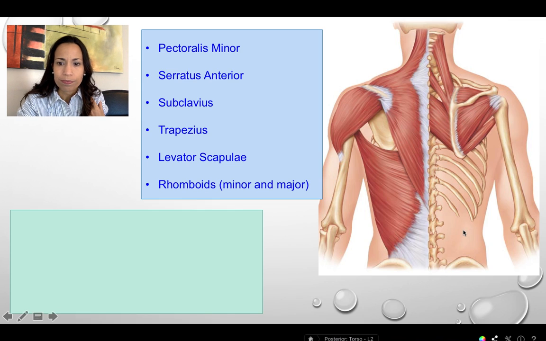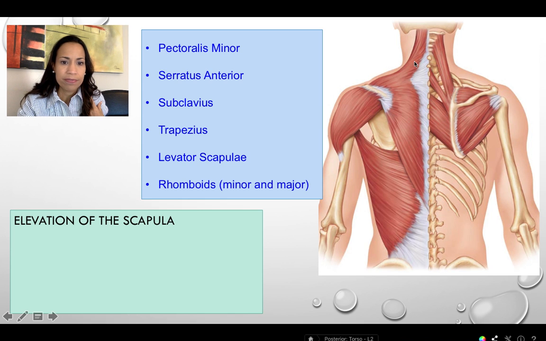So the muscles. These are all the muscles that we covered in this slide, okay, from your list, and these are the movements that we described. So elevation of the scapula is performed mainly by levator scapula and the superior fibers of the trapezius, okay?